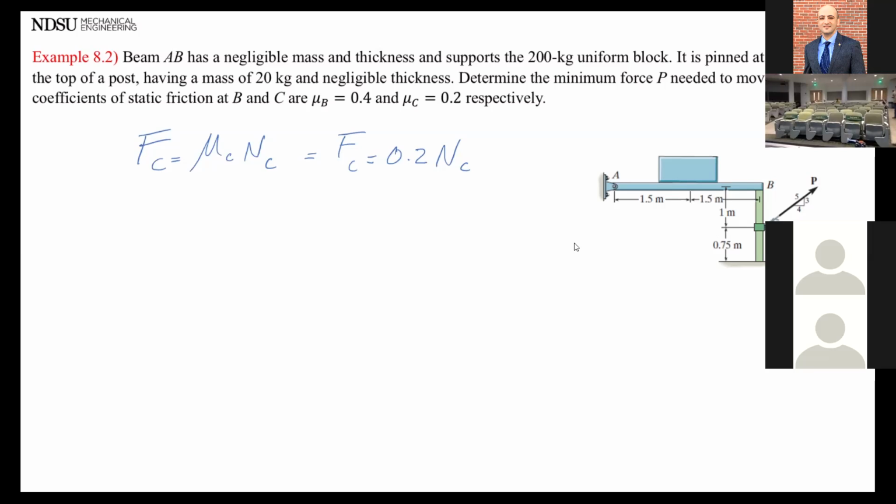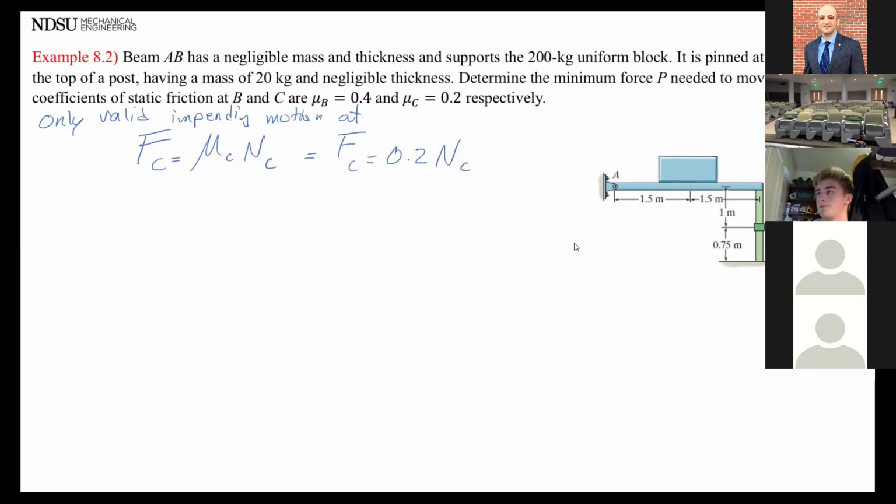When is this equation valid? There's friction. No, when is it valid? And it's impending motion. Okay, so it's only valid, that's important. Only valid for impending motion at point C.